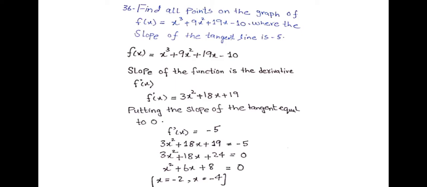So let's start. The derivative of x^3 is 3x^2, and for 9x^2 it is 18x, because the 2 is multiplied with this 9 and it becomes 18, and when 1 is subtracted from this 2, it becomes x, basically our new exponent. And similarly in the case of 19x.